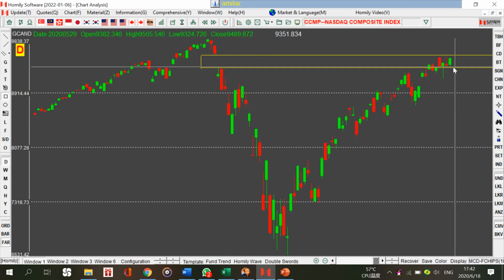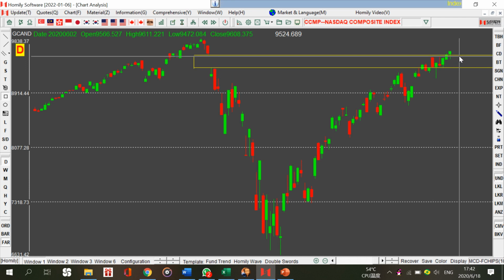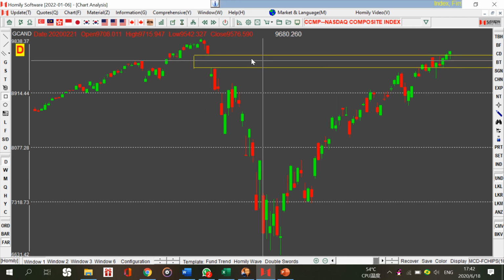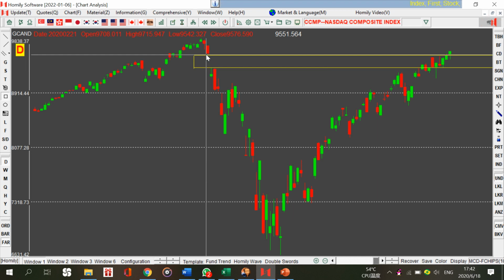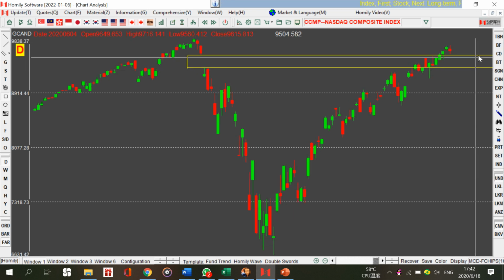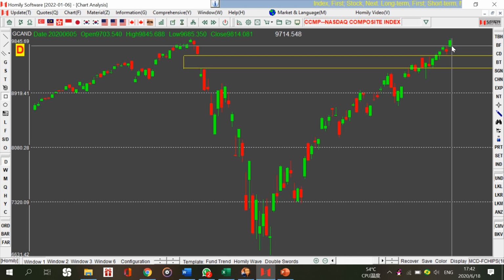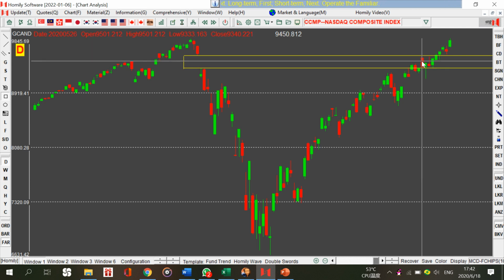We see the price consolidate for several days, and then it breaks up above that level. Reach resistance, drop a bit, but then directly break up. Once the price breaks up, it means the upward momentum is extremely strong. So the resistance here is not strong enough to push the price downward again.